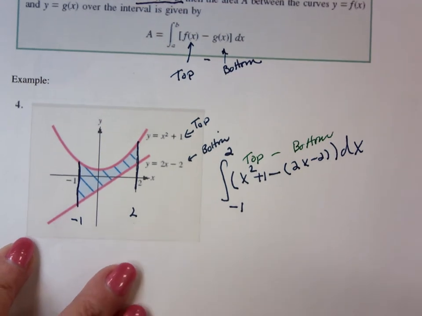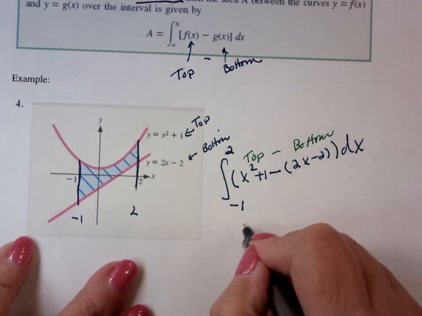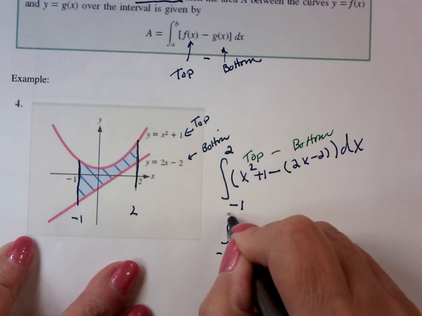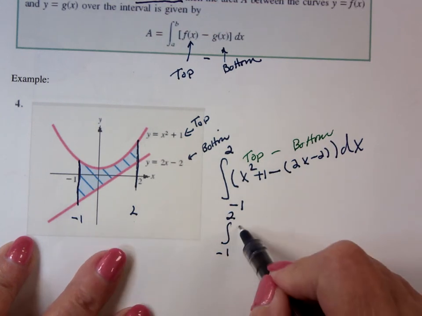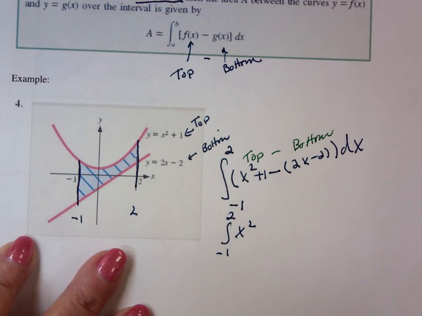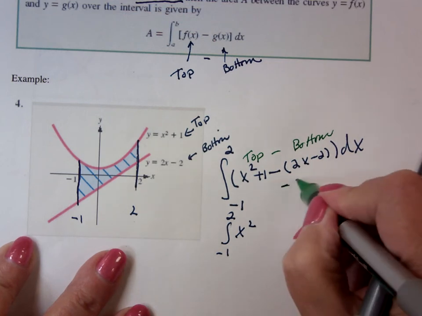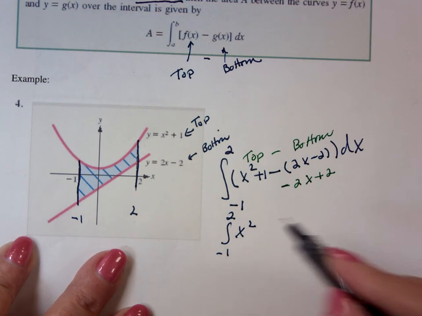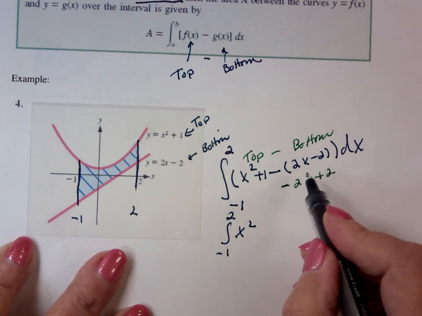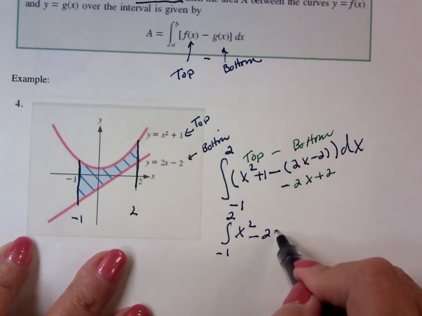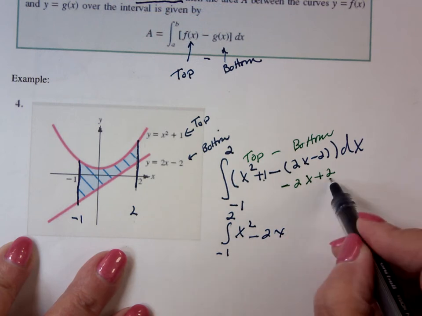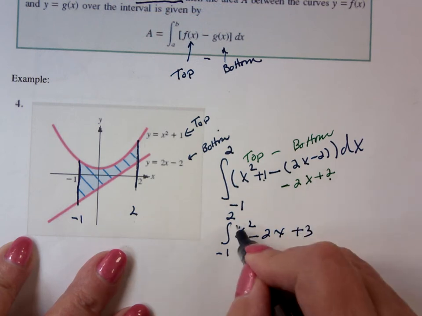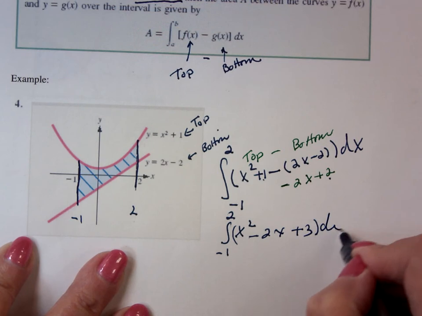And that becomes a fairly simple integral to do. This is the integral from -1 to 2 of, there's only one x squared. This turns out to be x squared minus 2x plus 2. So this is going to be x squared minus 2x plus 1 plus 2 is plus 3, dx.